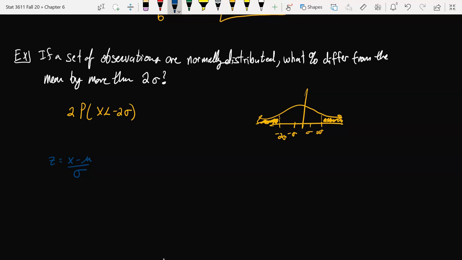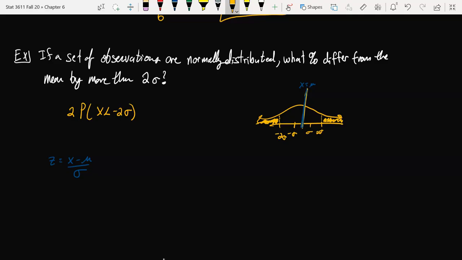Let's think about what these values actually are. I should be very careful with my notation here, because this value right here is where the mean is. That's where x is equal to mu. Now, if the mean is 0, then this is actually sigma units away.